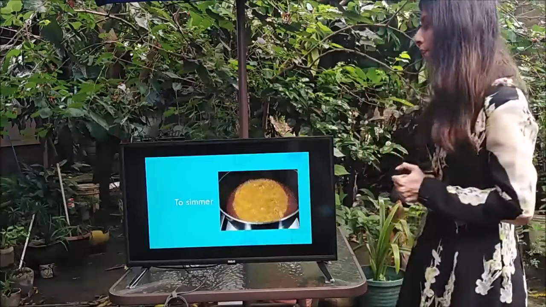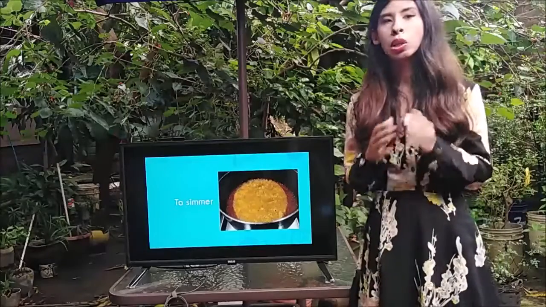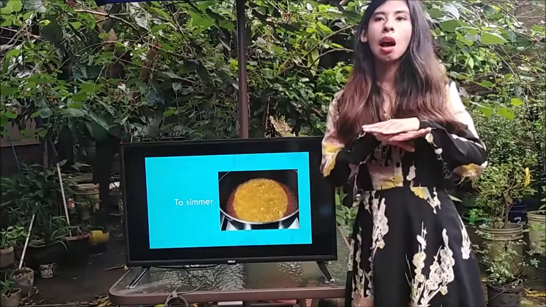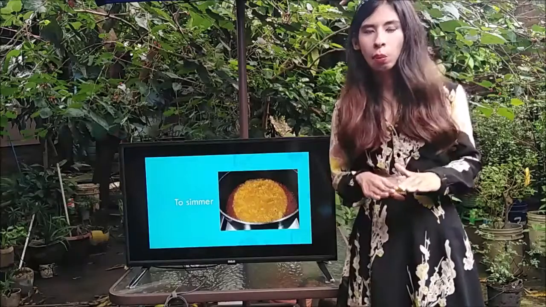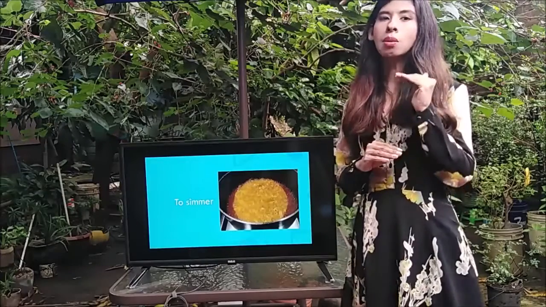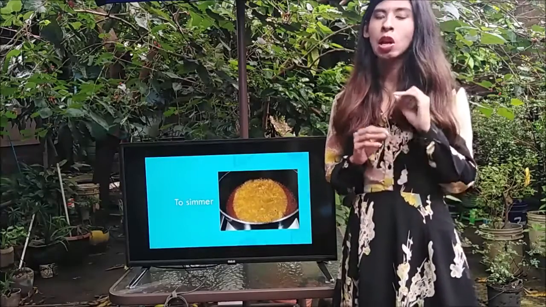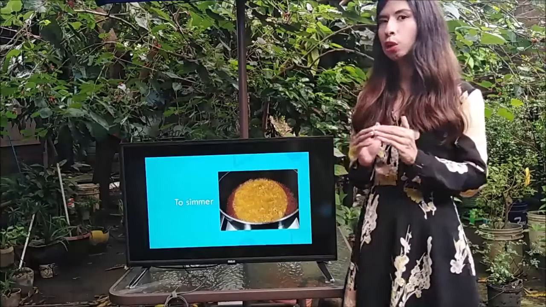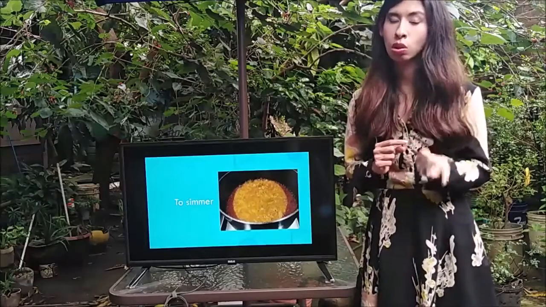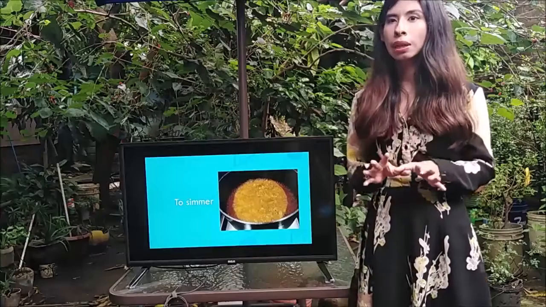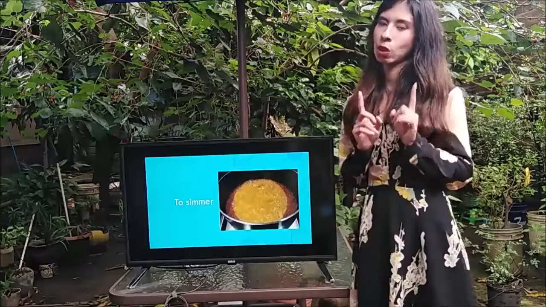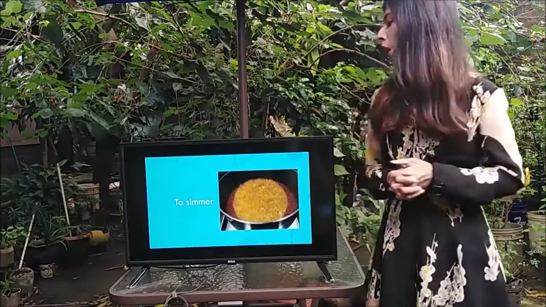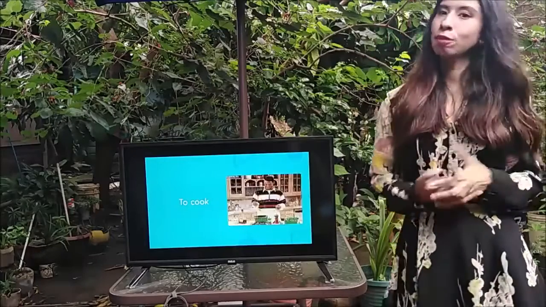The next one is to simmer. To simmer is to maintain a liquid at a temperature that is almost boiling but not yet. So it's like the temperature at which you start to see the bubbles, but it's not boiling yet. So that is to simmer. And then to cook.